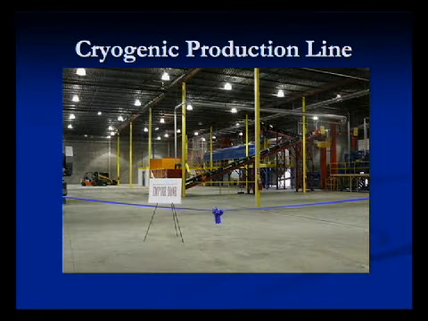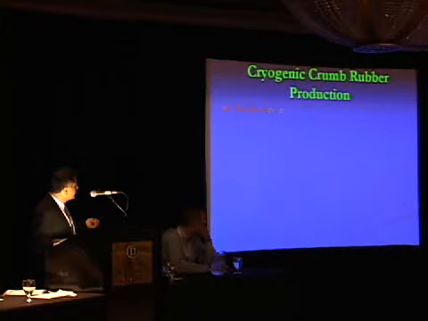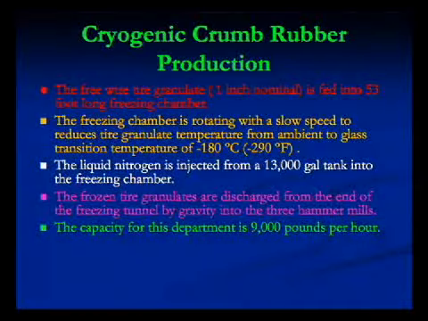This is our new cryogenic plant in New York. It shows the whole cryogenic line. The rubber gets inputted to the tunnel, and we usually use a 2-inch tire chip.